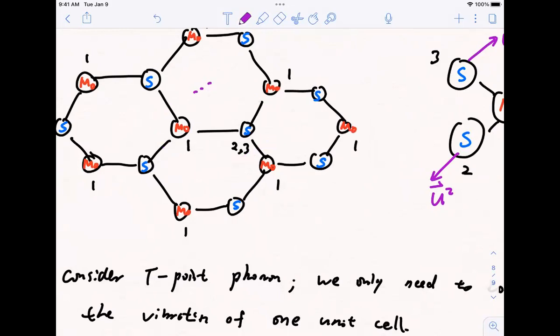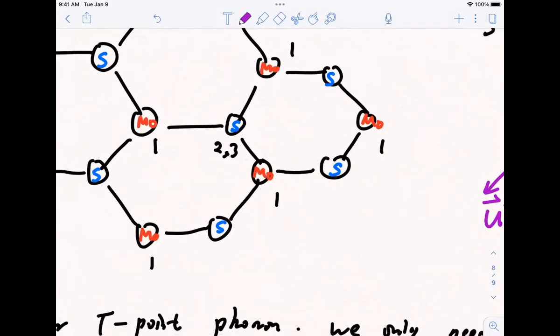So we are going to view the unit cell in a different way. I'm going to take the unit cell in this way.